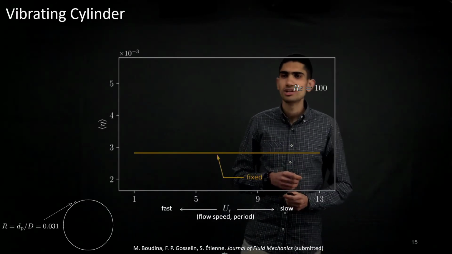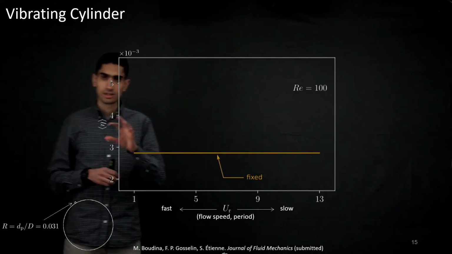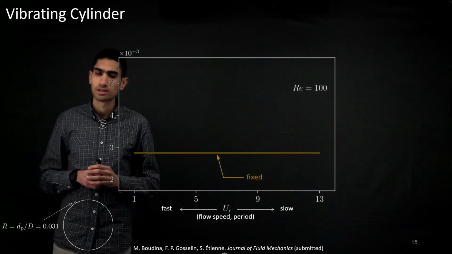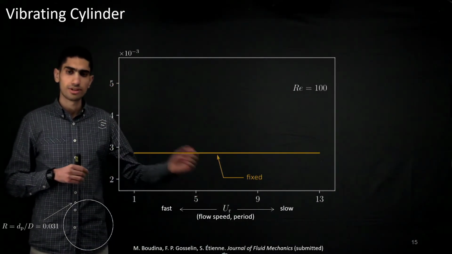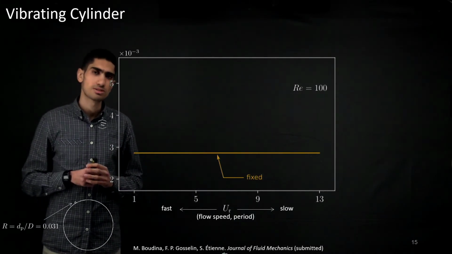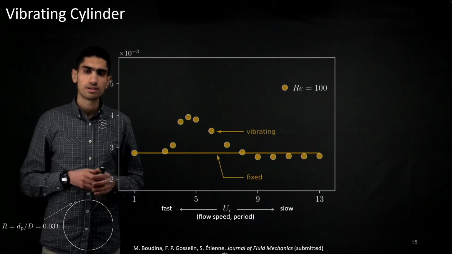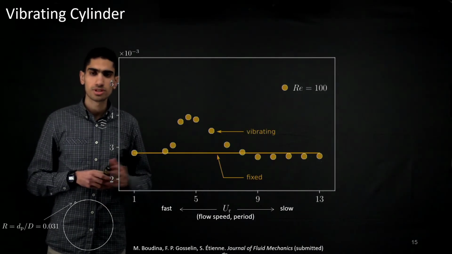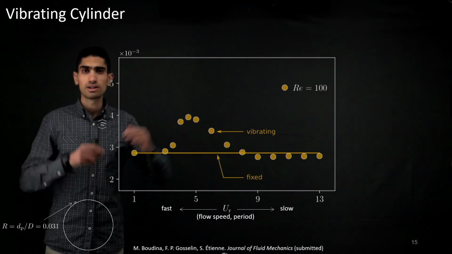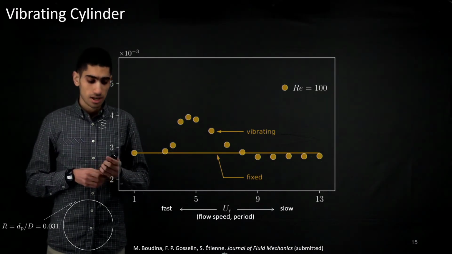All right, so now for the vibrating cylinder, we calculated the capture rate eta for various URs, which you can take as a sort of dimensionless period of oscillations, if you like. We got these results, and you see that we have a bell-shaped curve with a peak around 5, and also tails plateauing towards the case of the fixed cylinder.